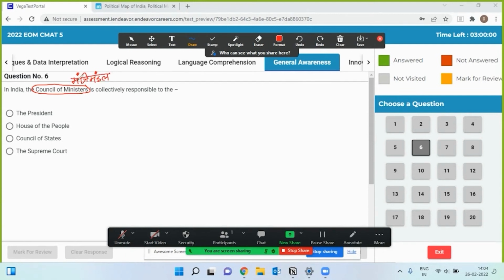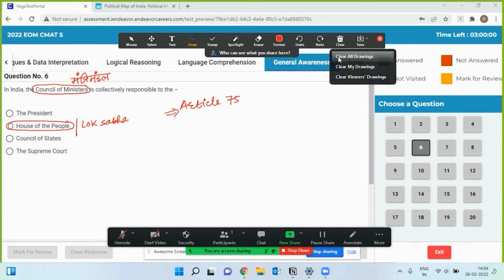And you should remember that according to Article 75 of the Indian Constitution, Council of Minister is responsible to House of the People. Because House of the People in Hindi is called Lok Sabha. So in India, all the ministers are jointly responsible to Lok Sabha under Article 75 of the Indian Constitution.